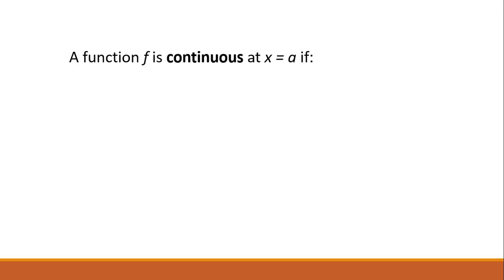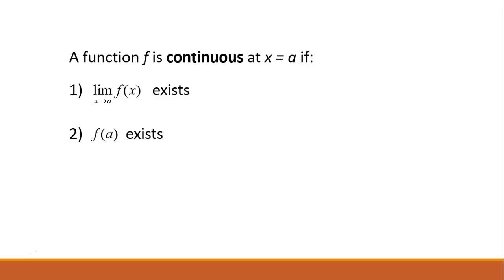So here's what we're going to do. If we have a function and we would like to know if it's continuous at a point where x equals a, then the first thing we're going to do is see if the limit as x approaches that value of a exists. The second thing we're going to do is see if f of that value a exists.